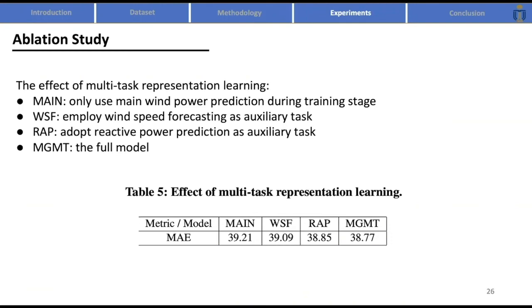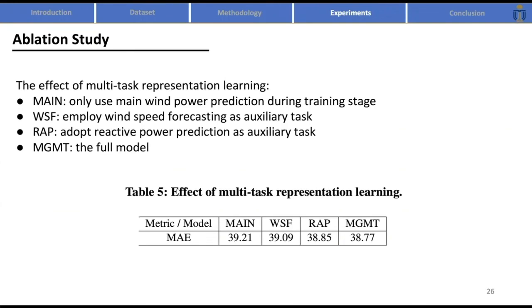MAIN means only using the main wind power prediction during the training stage, WSF means only employing wind speed forecasting as the auxiliary task, and IEP means adopting reactive power prediction as the auxiliary task.